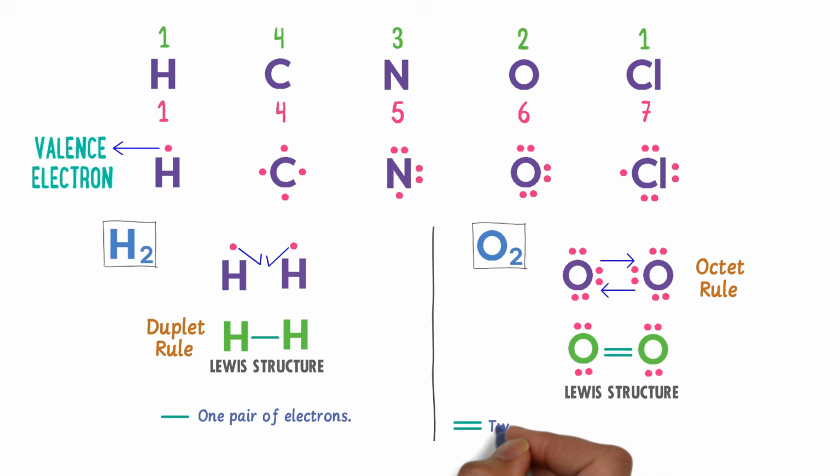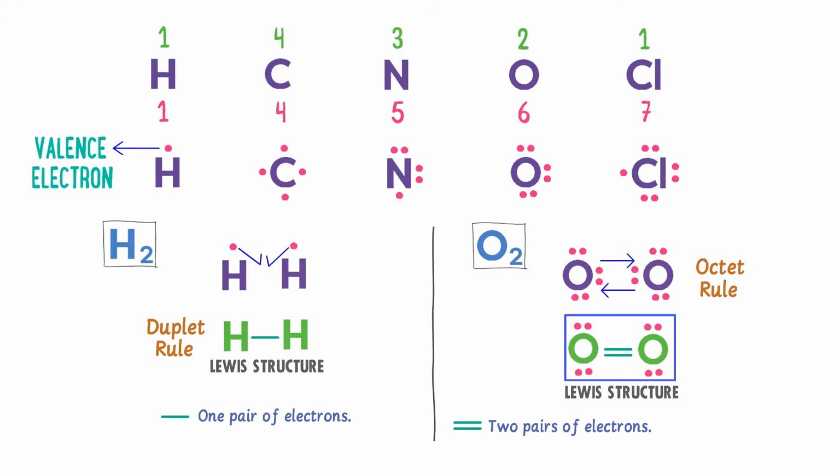Remember that a double bond represents 4 electrons or 2 pairs of shared electrons. These 2 dotted pairs of electrons on this oxygen atom and on this oxygen atom are called lone pairs of electrons. They are called lone pairs because they do not participate in chemical bonding. Thus, this is the Lewis structure of the oxygen molecule.